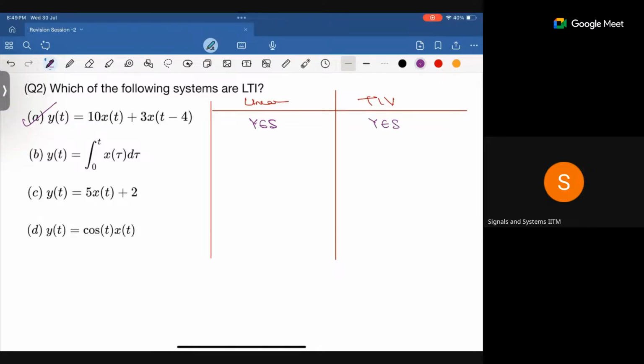Let's come to the second one. Is it linear? Yes. Okay. Is it time invariant?